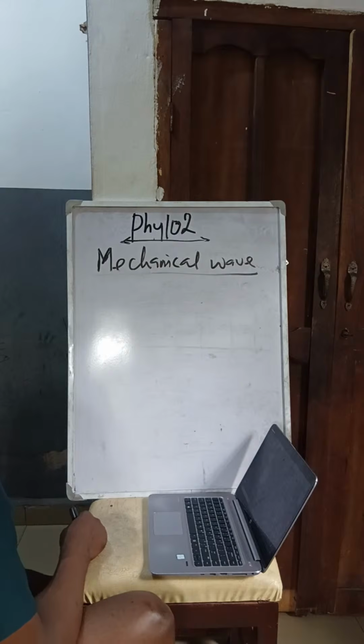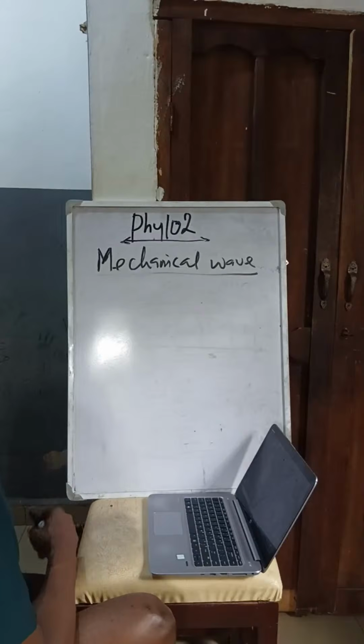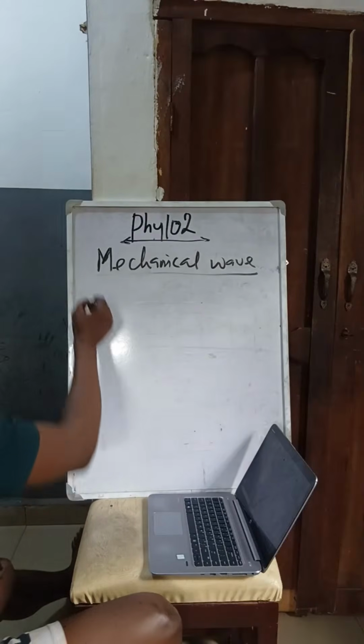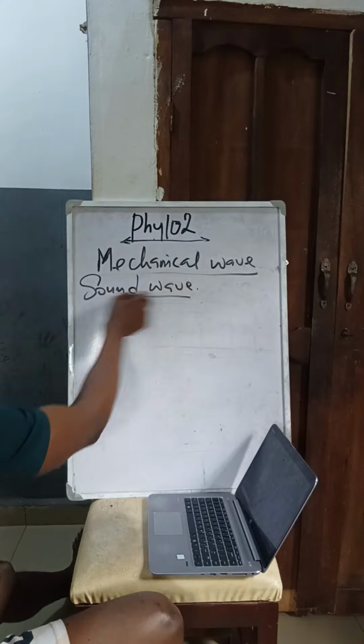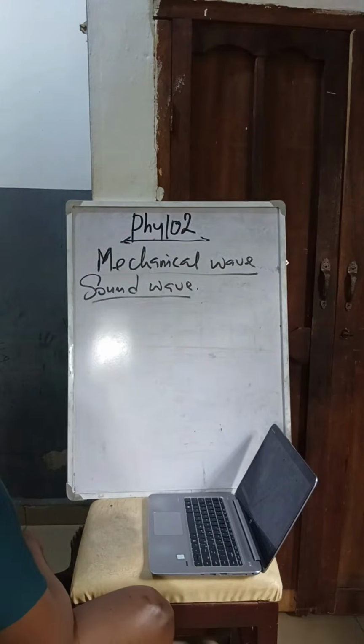What is a sound wave? A sound wave is a longitudinal wave that can be heard.